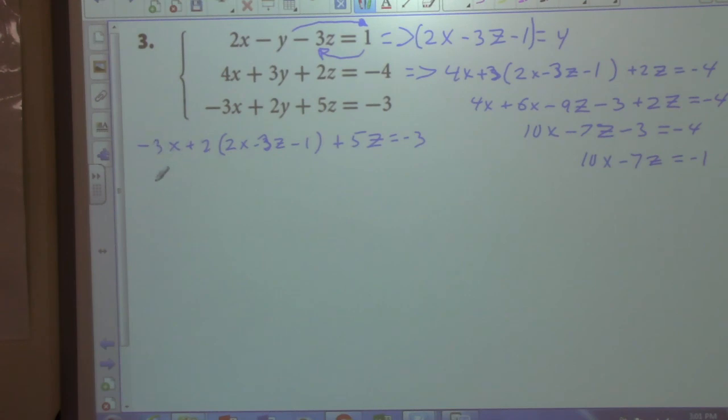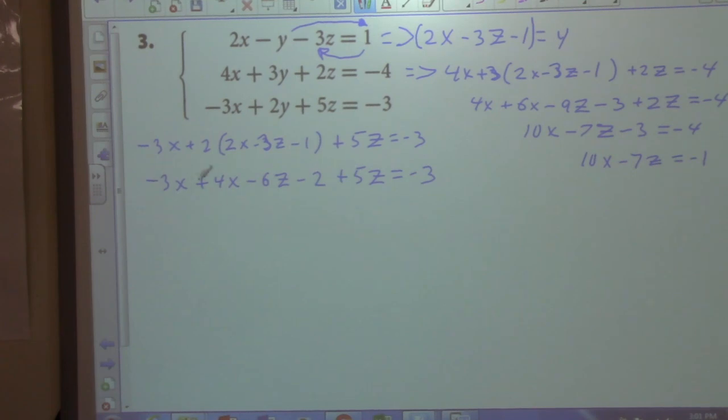Then this one here, you have negative 3x plus 4x, and then you have 2 times negative 3, which is negative 6z, and 2 times negative 1 is minus 2. Then you have plus 5z is equal to negative 3.